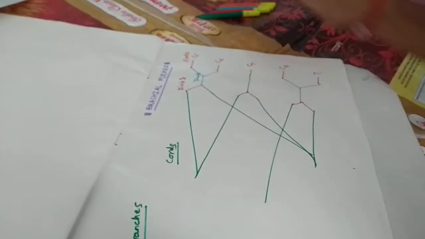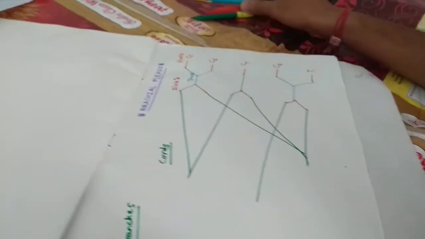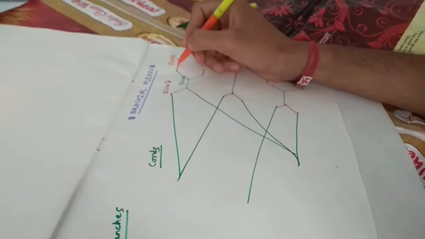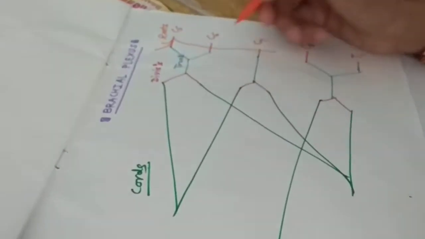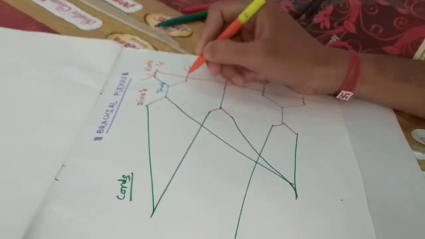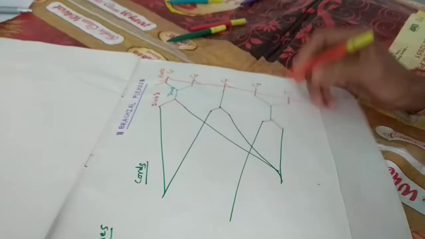So C5 is the only root which gives 3 nerves, 2 above and 1 lower. They are accompanied by C6 and C7.